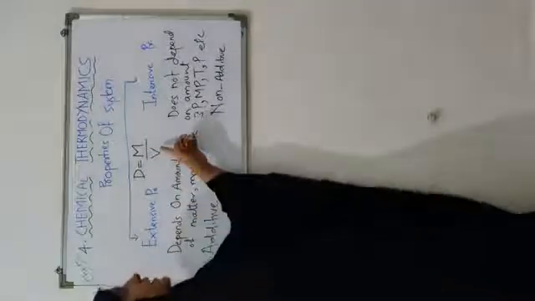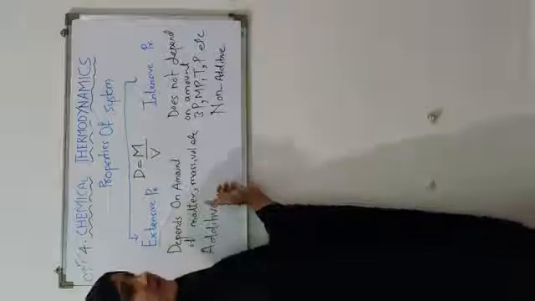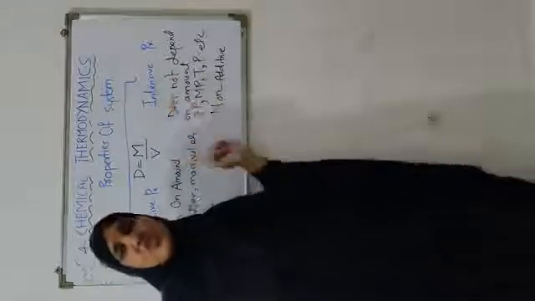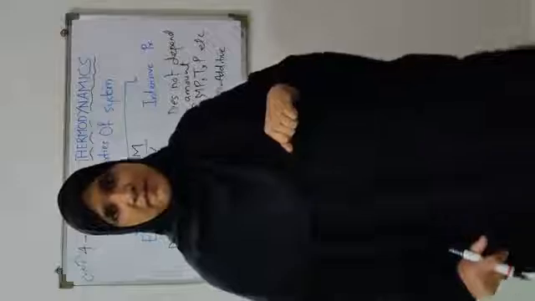Density is an intensive property, but we know the formula of density is mass upon volume. Mass is an extensive property, volume is an extensive property, and the ratio of these two is an intensive property. Okay. So remember, intensive properties can be the ratio of two extensive properties.